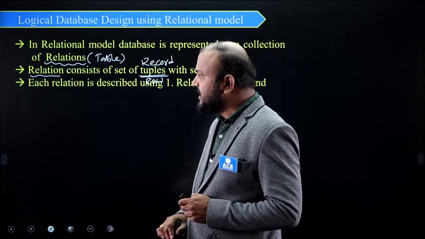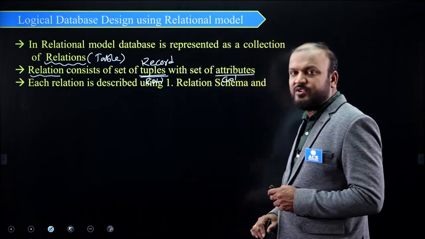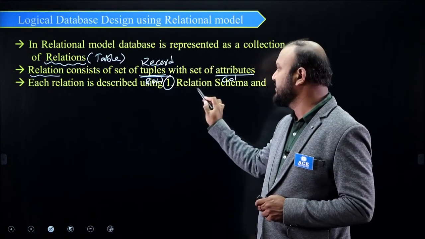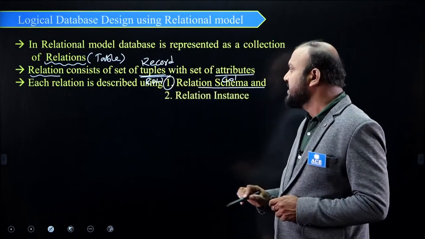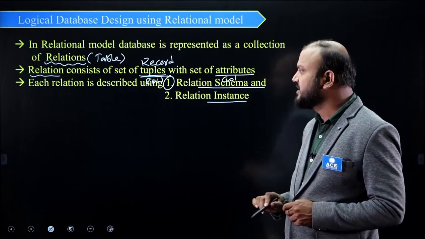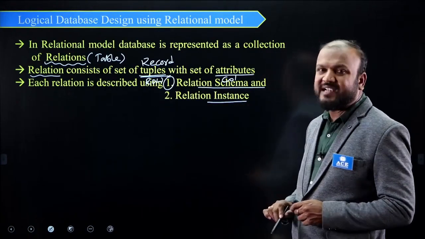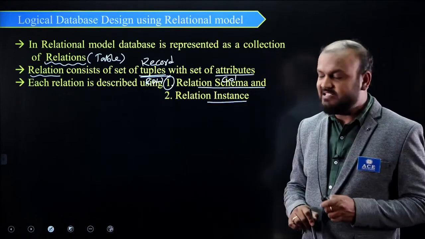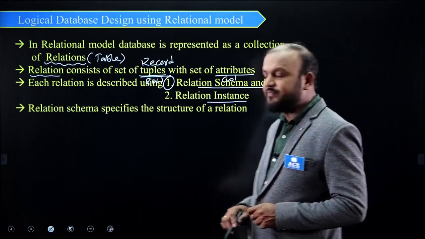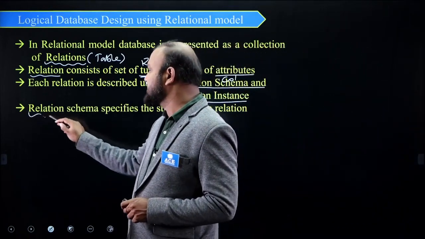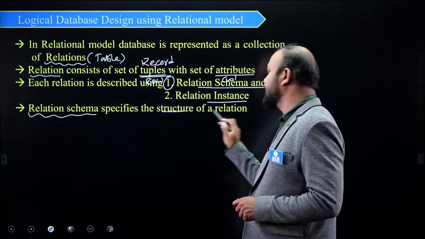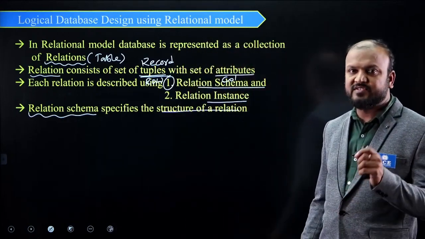Now, each relation is described using two things: one we call relation schema and another we call relation instance. Now, what is a schema and what is an instance? A schema specifies the structure of a relation. Schema means structure.